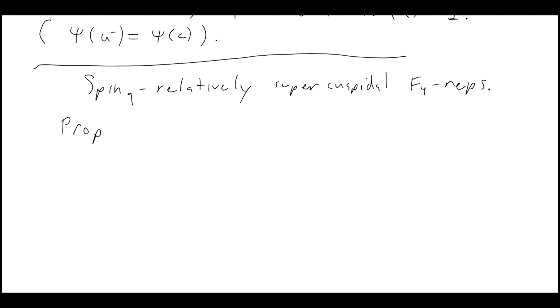So in my paper with Gordon, this is proposition 8.3. Let sigma be an irreducible representation of F4.